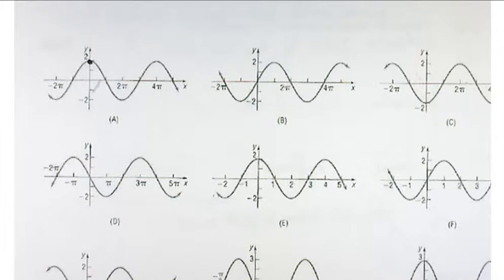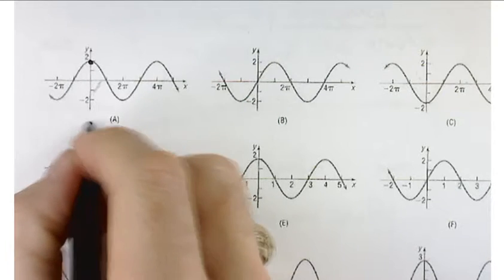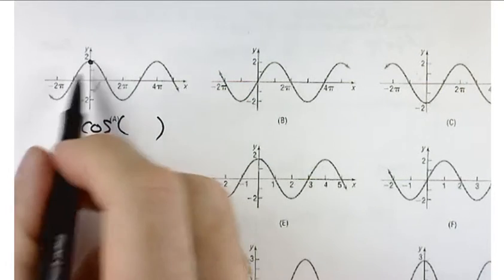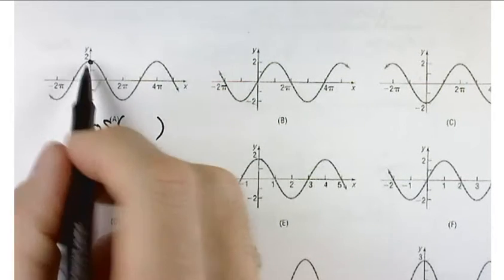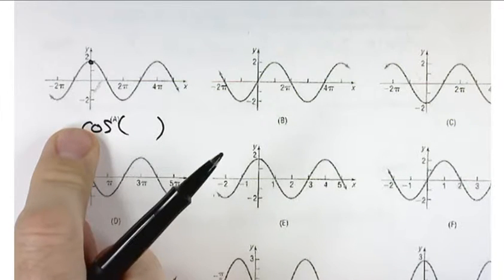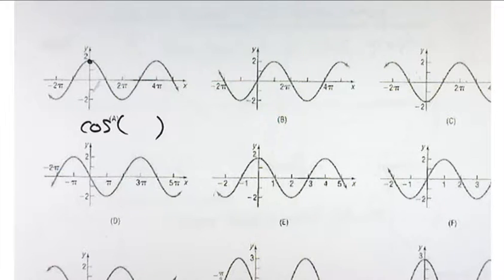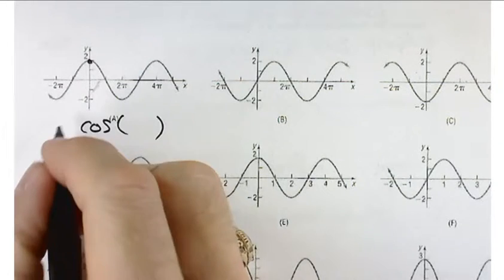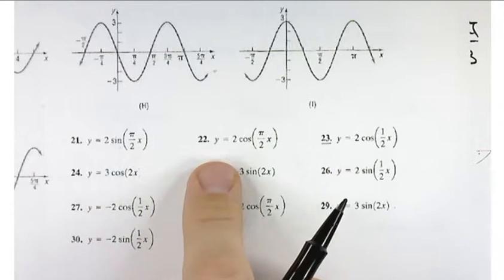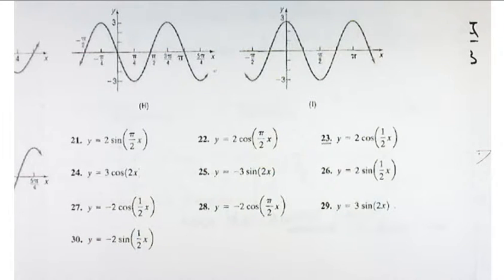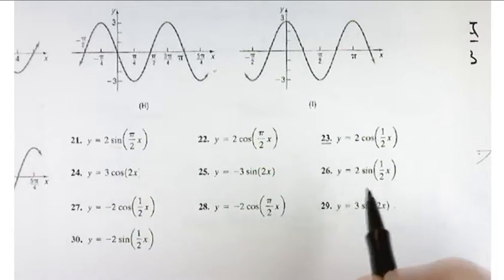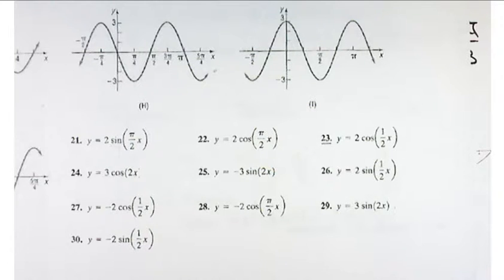So this is a cosine of something. And what about the number in front? What can I put in front there? A 2, right? Because its amplitude has to be 2. All right. So we're well on our way. That eliminates a lot of choices down here, doesn't it? It's not a sine. It's not something that has a coefficient of 3. So that eliminates a lot of choices here for us.